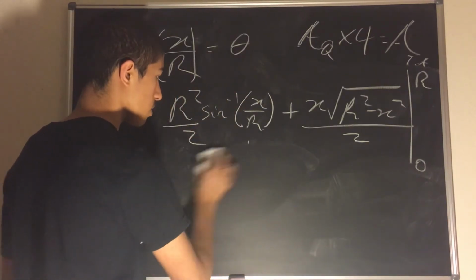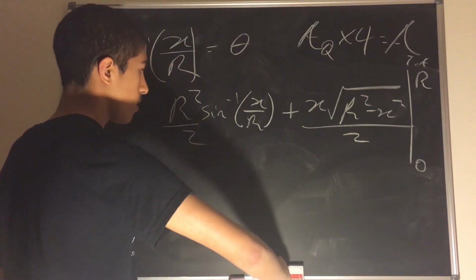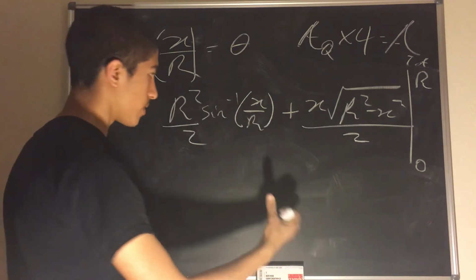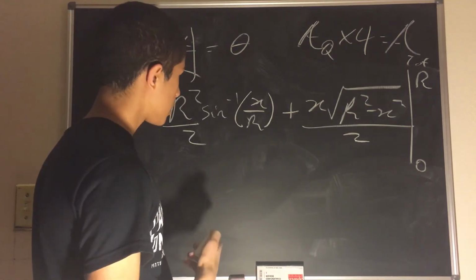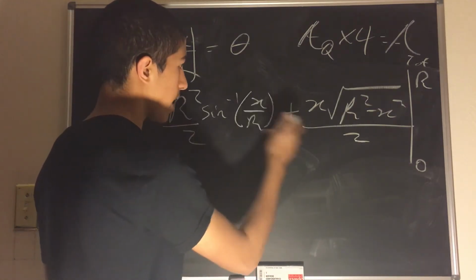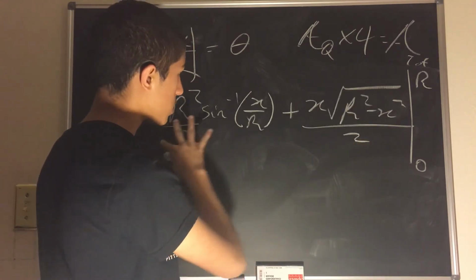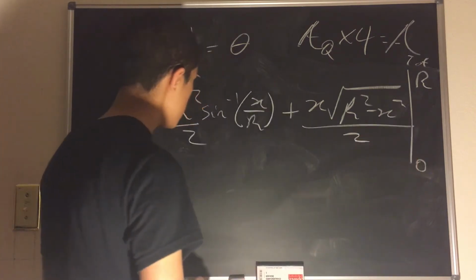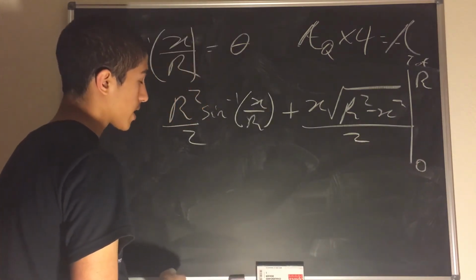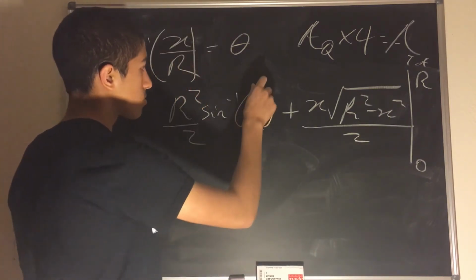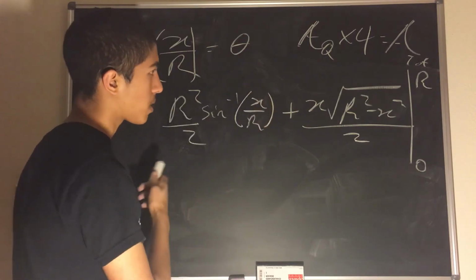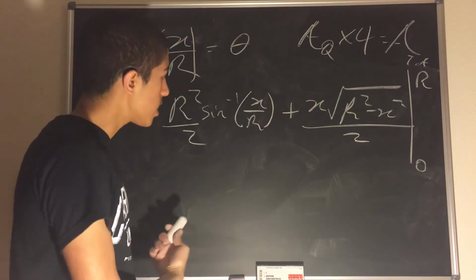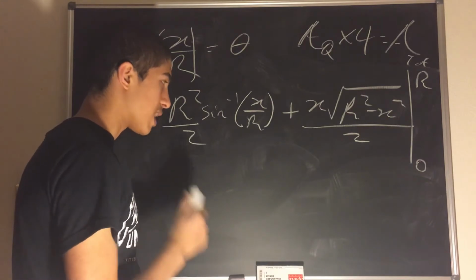So then we have our final expression to evaluate. We take x equal to r for this entire expression, and then subtract the expression when x is equal to 0. Let's evaluate for x equal to r first. If x equals r, then sine inverse of x by r is sine inverse of 1, which as we all know is equal to pi by 2.